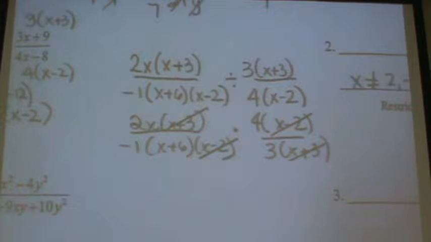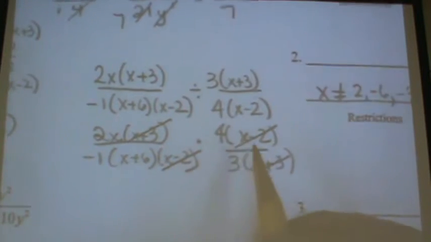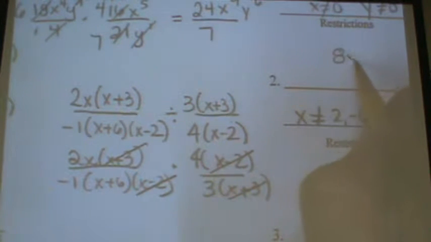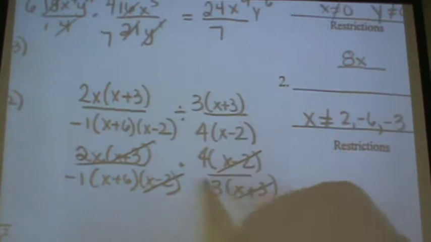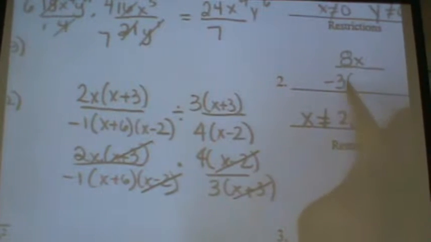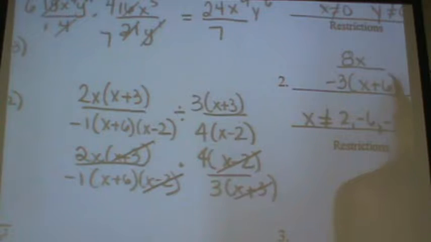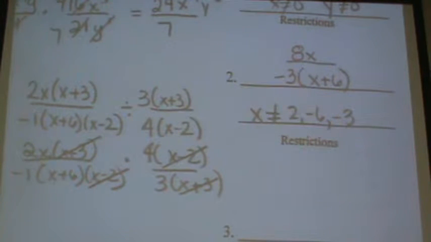What's left is what's left. You have 2x times 4, which is what? 8x. And on the bottom, you're going to have negative 3, and then x plus 6. Done.